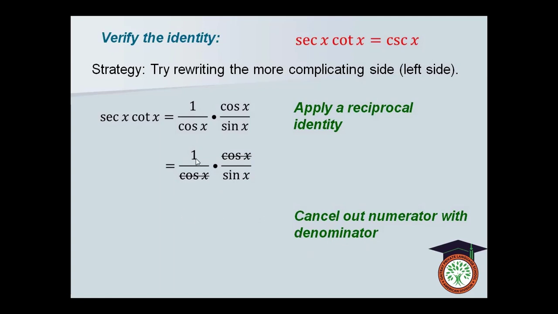So what is left now? 1 over sine x. And we know that 1 over sine x, the reciprocal, equals cosec x, which is equal to the right side. So I proved that the left side equals the right side.